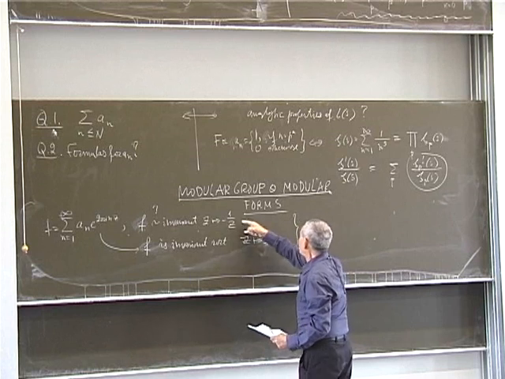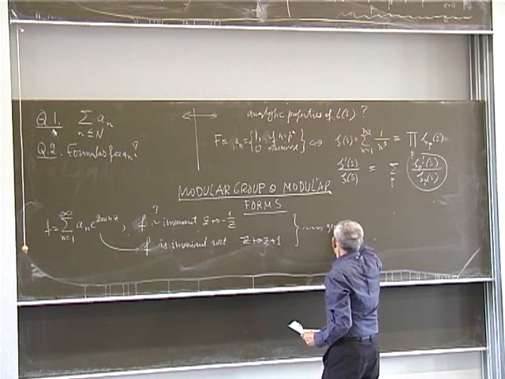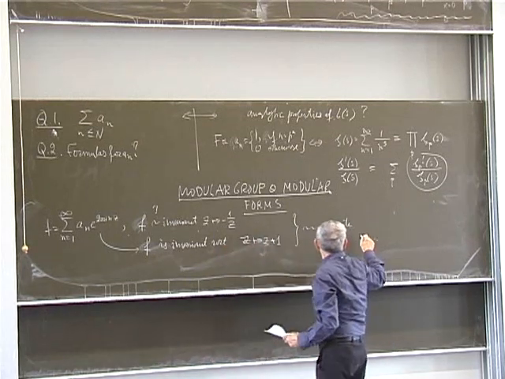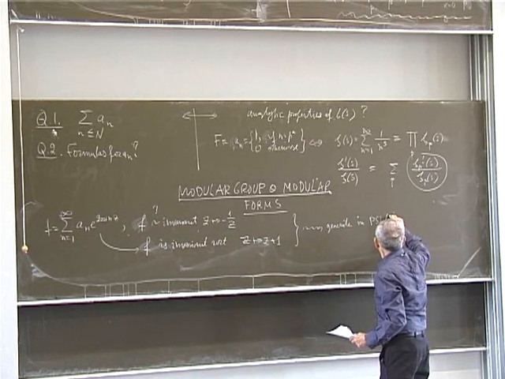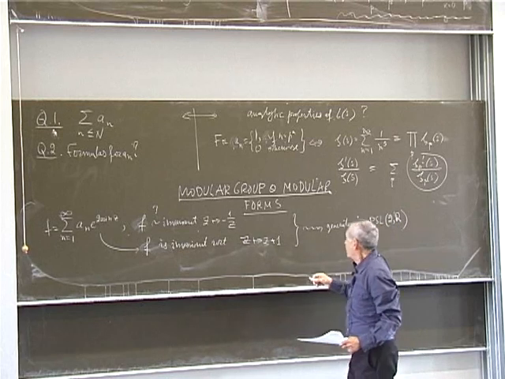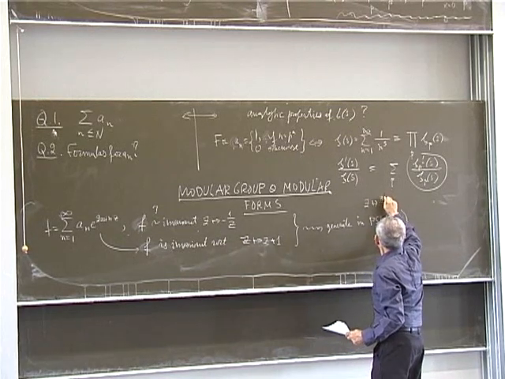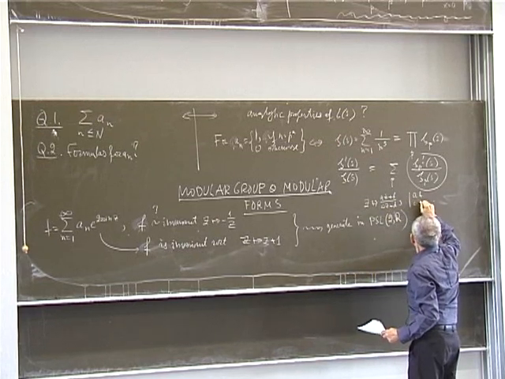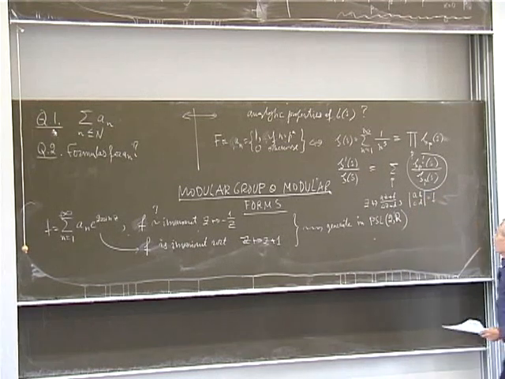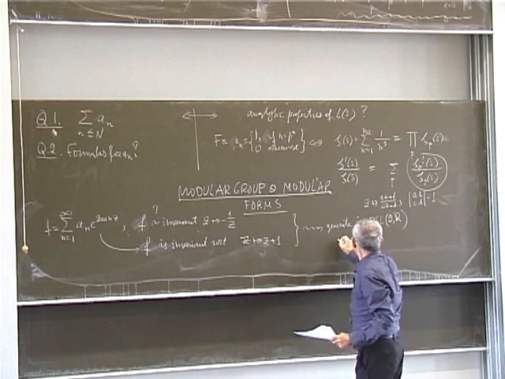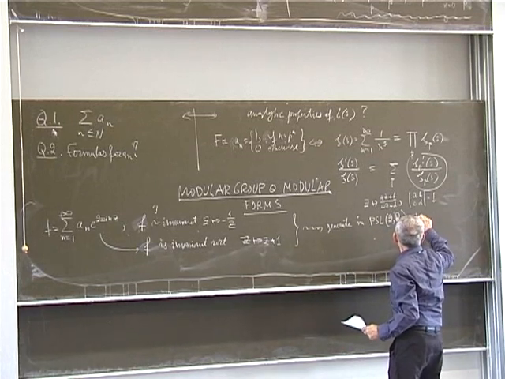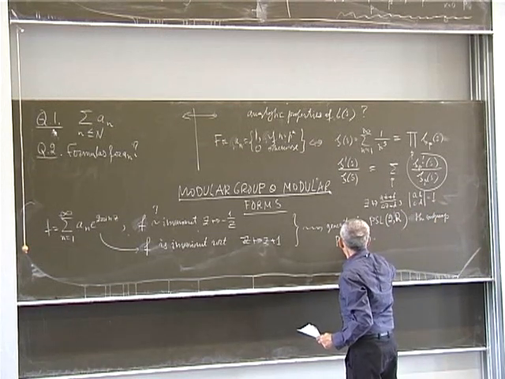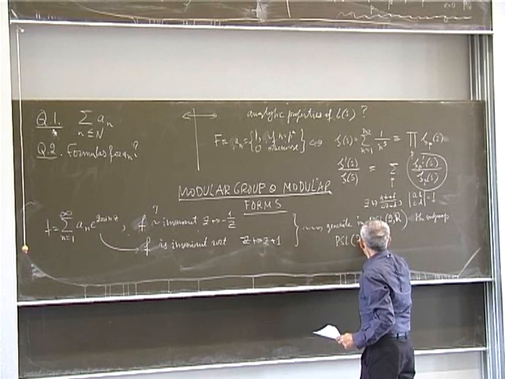And these two together generate, at least if I will be considering the group of transformations with real coefficients and determinant 1, in this group they generate a subgroup which simply consists of such transformations with integral coefficients.